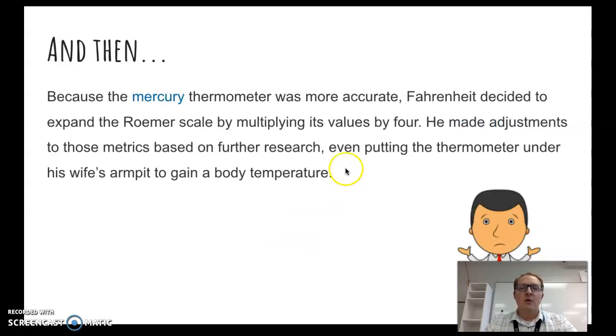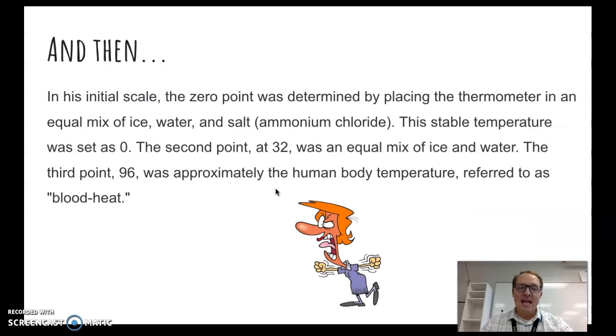Okay? So because the mercury thermometer was more accurate, Fahrenheit says, all right, let's take this scale, we're going to multiply everything by a value of 4, and he started to adjust those things, even putting the thermometer under his wife's armpit to try and get a more accurate body temperature. Then he says, all right, this initial scale, the 0 point, was going to be based off of ice mixed with water and mixed with salt, or an ammonium chloride.